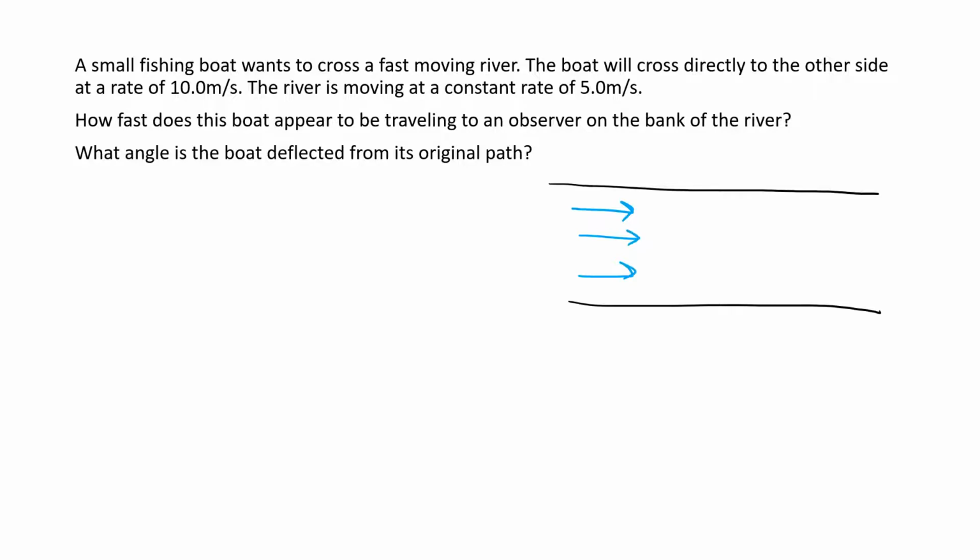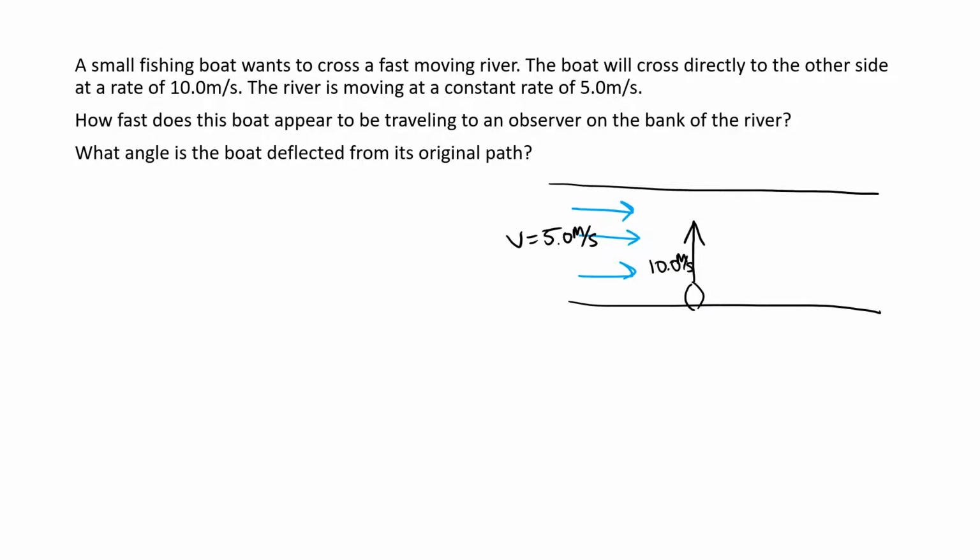So the boat is going to go, I'm just going to call it up. That's the way the boat's going. Velocity of the river: 5.0. Velocity of the boat is 10.0.